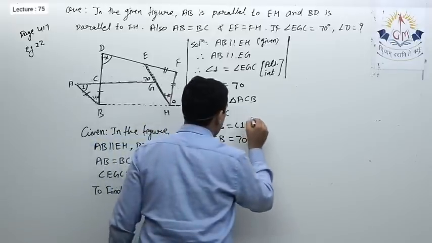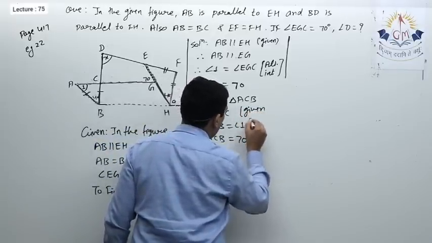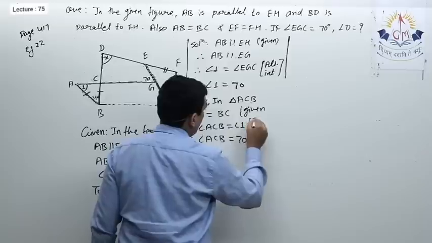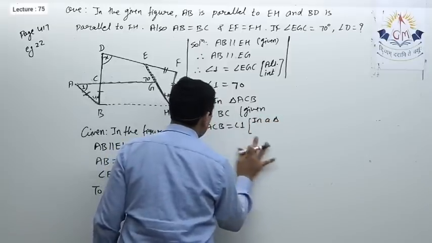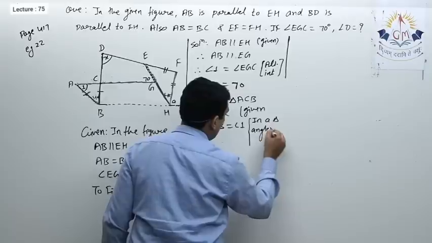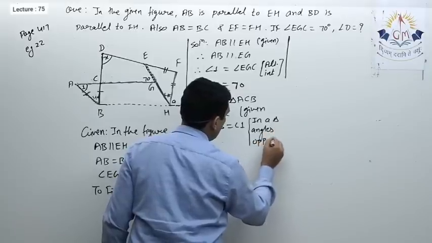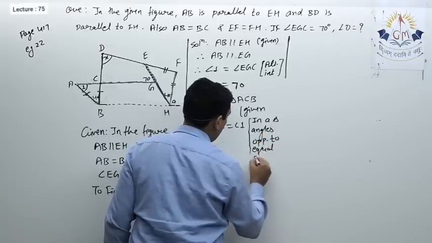Now what is the reason behind this? See, AB equal to BC, that is given, and the reason behind this is that in a triangle, angles opposite to equal sides are equal.